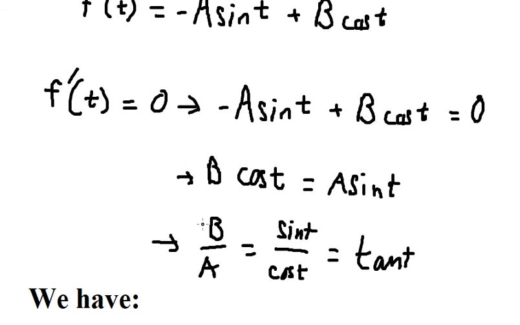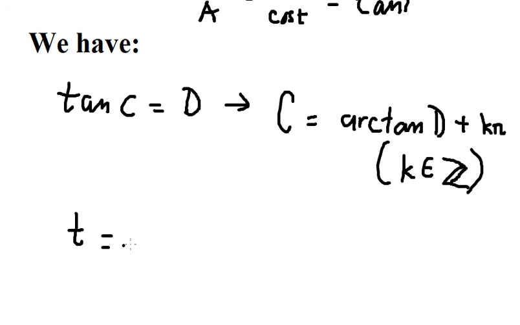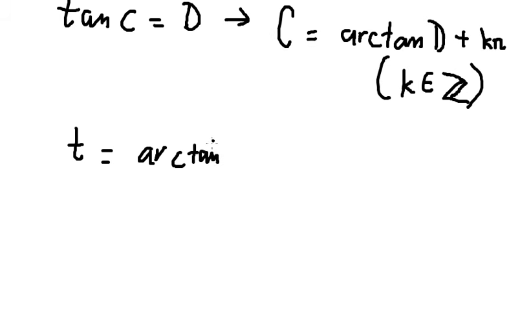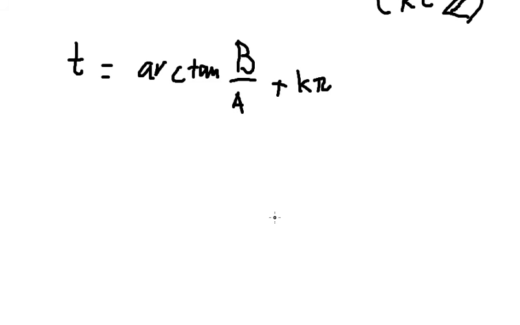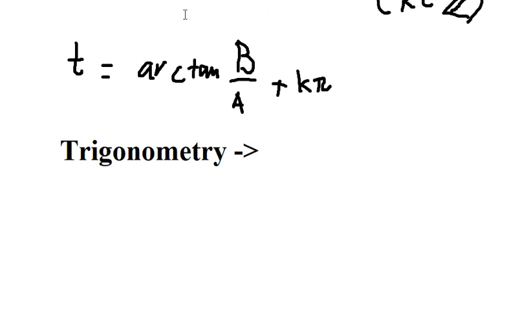And now we can find the value of t. So we have t equals arctan of b over a plus kπ. We know that the period of trigonometry should be from 0 to 2π.